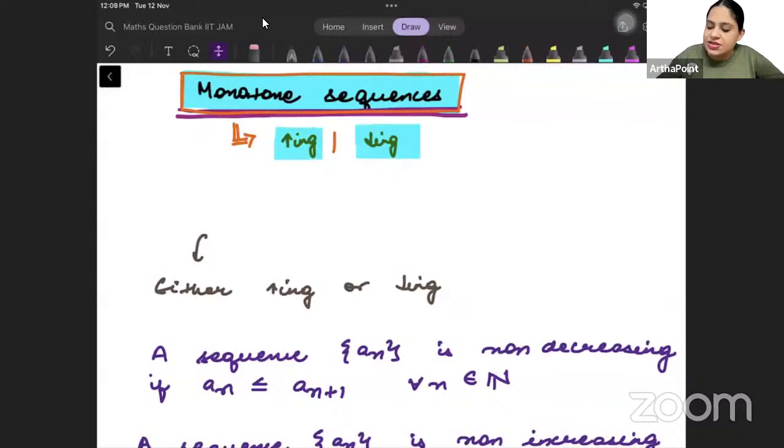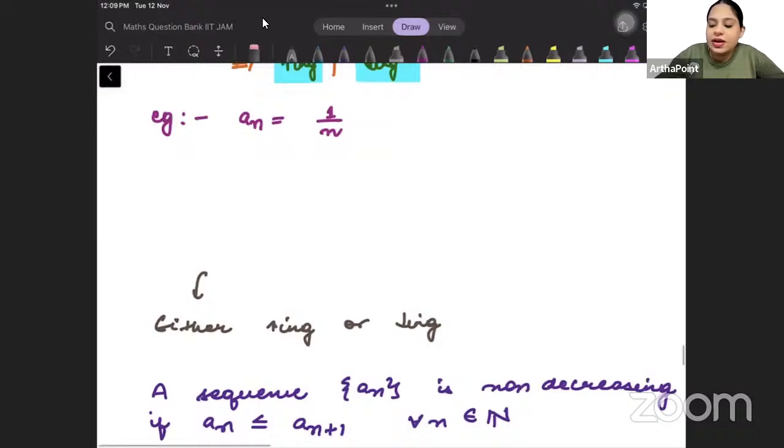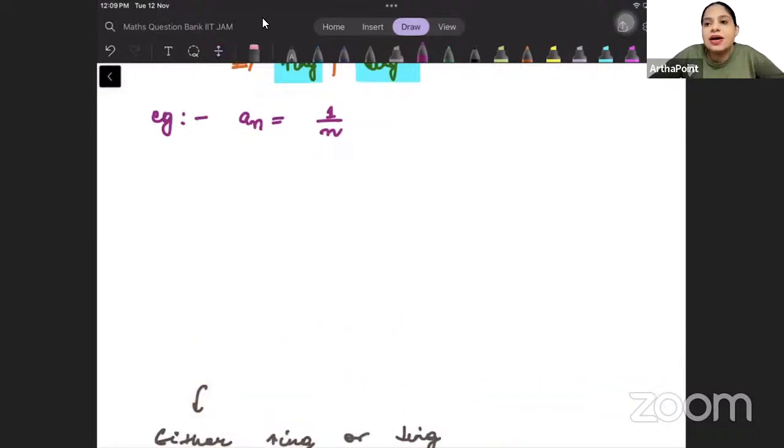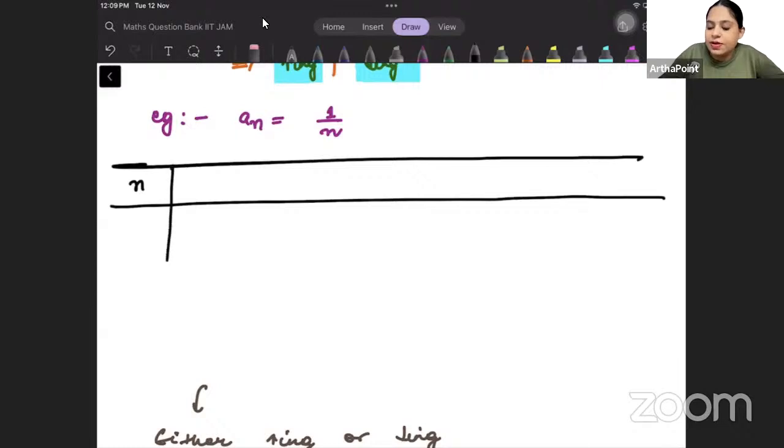Again, let's take some example here. For example, if I tell you a_n is equal to 1 by n, and I start plugging in some values of n. Suppose we plug n as 1. So 1 divided by 1 will give me 1.